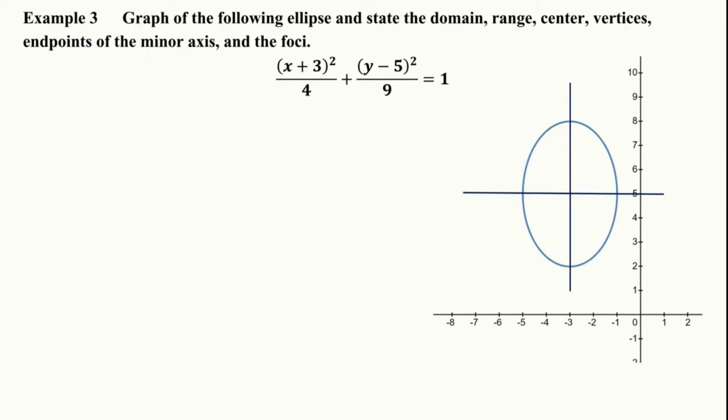Okay, next we want to go ahead and graph this translated ellipse. We do notice that it's going to be a vertical ellipse because the number under the y term is the larger one, so that's going to be our a squared. So a squared equals 9, and our b squared is going to be 4.